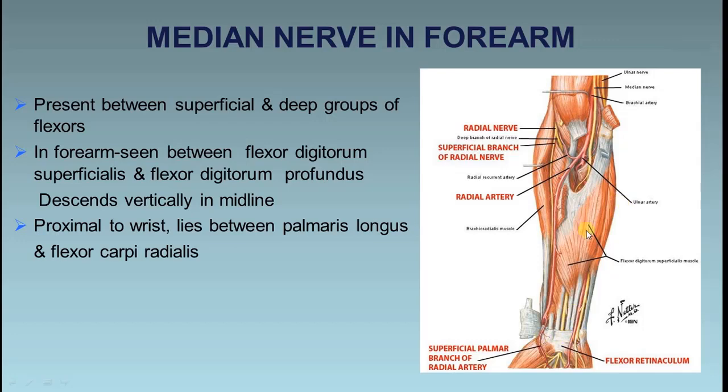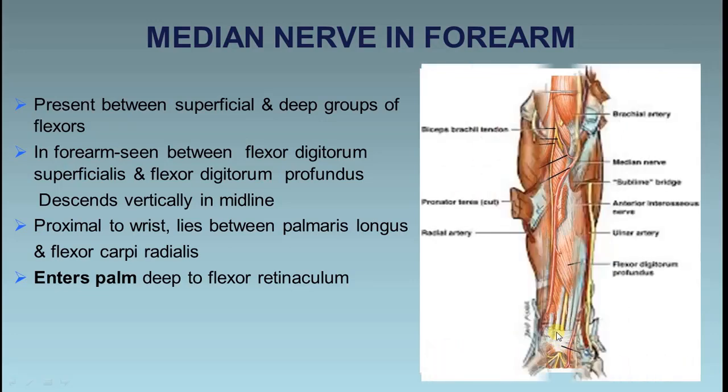Present between the superficialis and profundus, in the lower part of the forearm it is present between the tendon of the flexor carpi radialis and palmaris longus. Then it is going to pass deep to the flexor retinaculum.